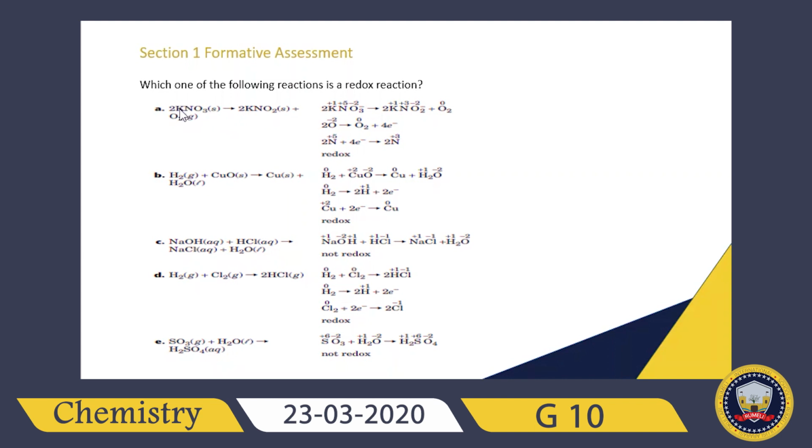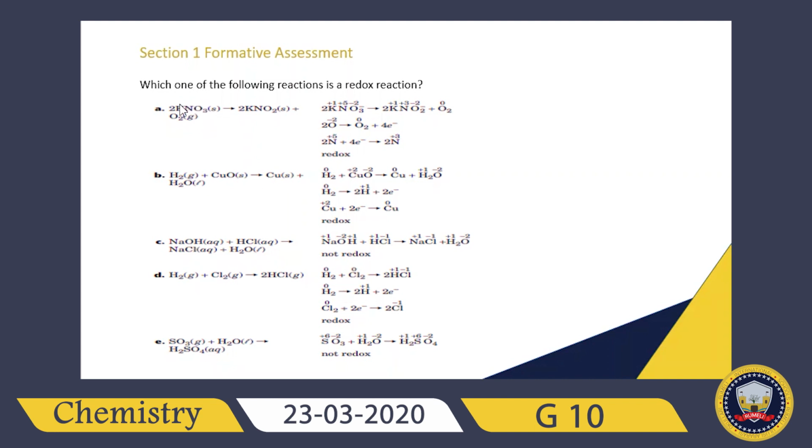For potassium, guys, what do you think the oxidation number will be? As we say, the oxidation number of all elements in group number 1 should be equal to positive 1. So the oxidation number of potassium is positive 1. What about oxygen, guys? The oxidation number of oxygen is always or mostly negative 2.